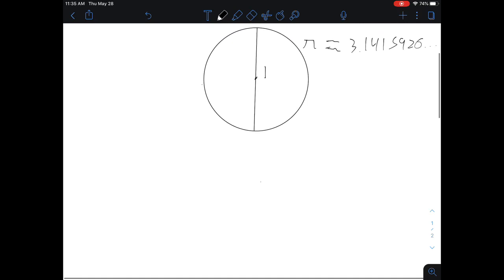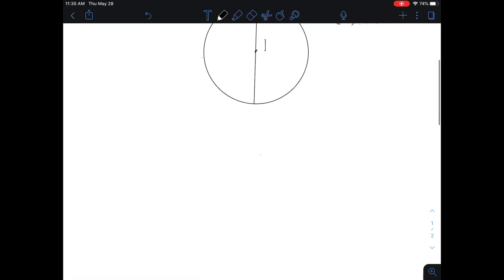What you do is first you take a regular polygon, which is like a square. Oh, that's not a square, sorry. But what you do is you add a bunch of sides to it.